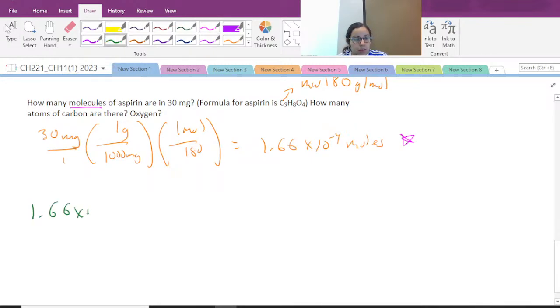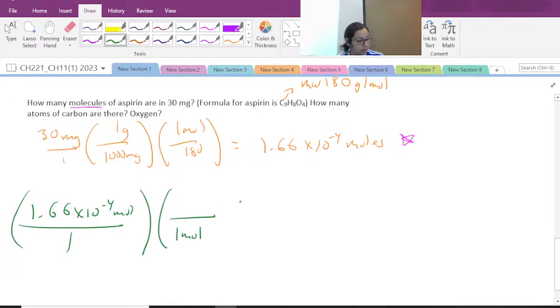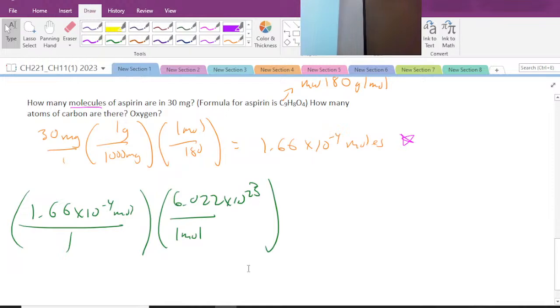So for every mole of aspirin, so we have 1.66 times 10 to the 4 moles of aspirin, and for every mole of aspirin, we have 9 moles of oxygen. Oh, I thought we were doing molecules. Yeah, of aspirin. To molecules. So that's not wrong.